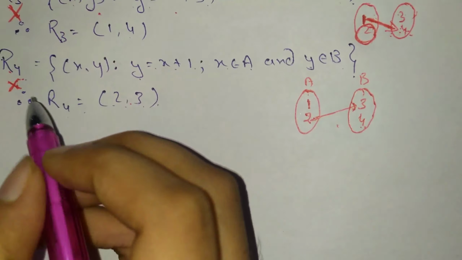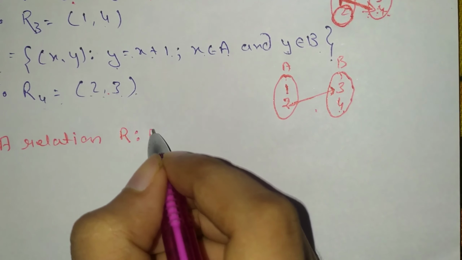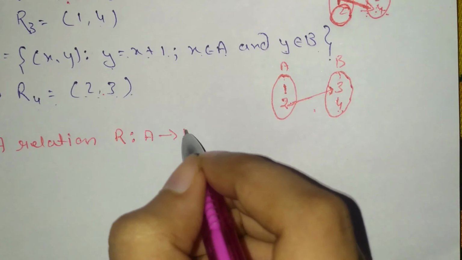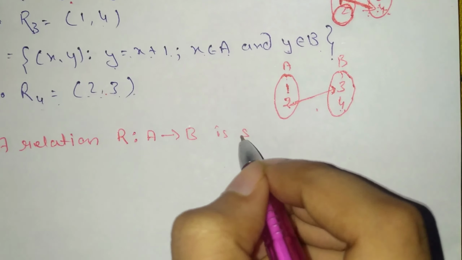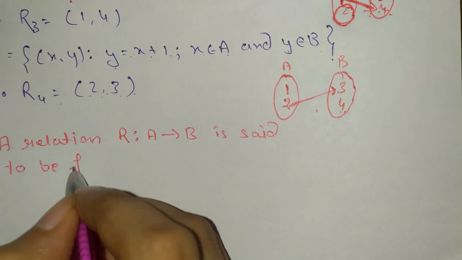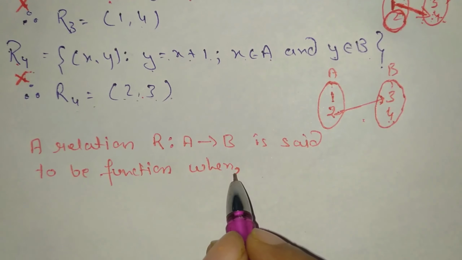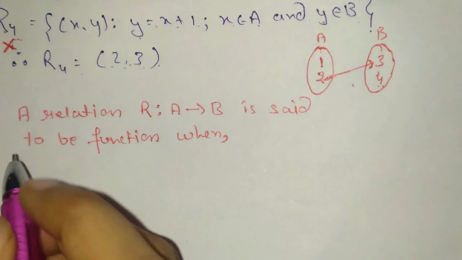So in other words, we can say that a relation R from set A to B is said to be a function when we satisfy the following conditions.